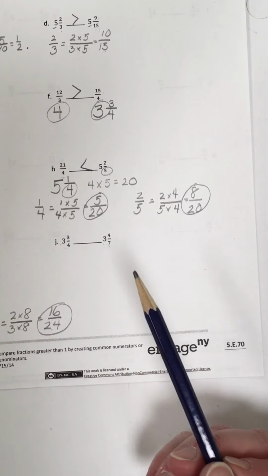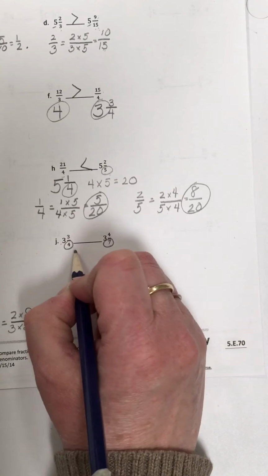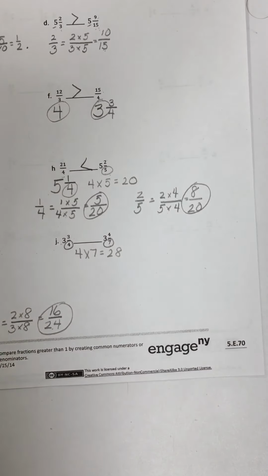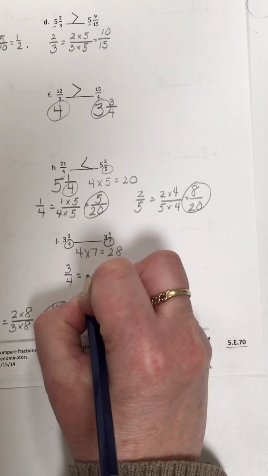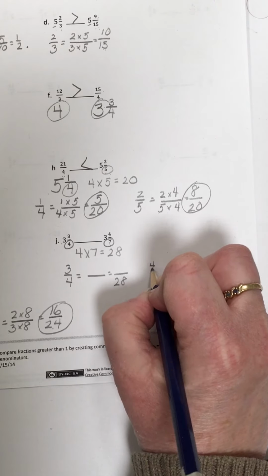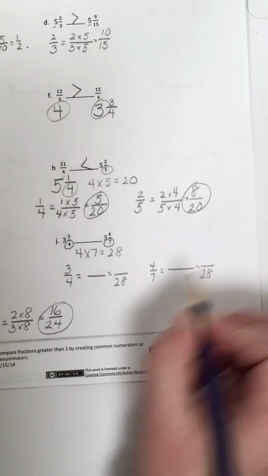I can't divide. So I'm going to take those two denominators and multiply them together. I get 28. So I'm going to turn 3/4 into 28ths and 4/7 into 28ths.